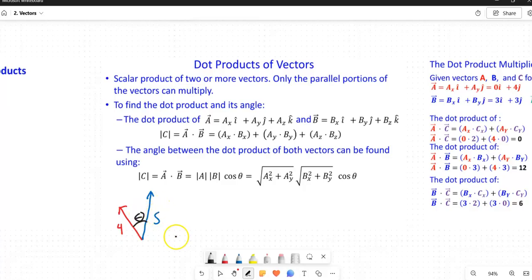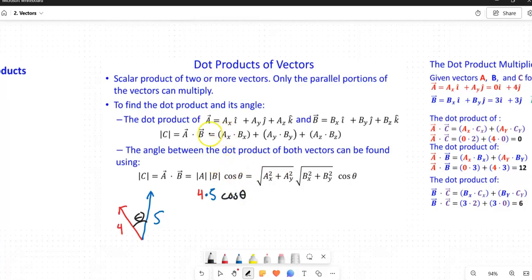Okay. And so, to figure out this angle in between them, what we would do is we would take 4 times 5. Okay. And if you knew the components, the x direction and y direction components, you could just find the sizes of those vectors using Pythagorean's theorem. And then you have cosine of theta.